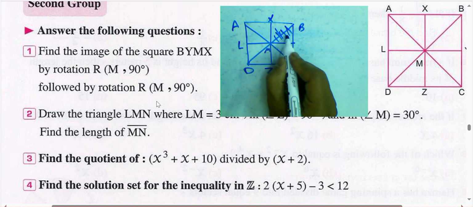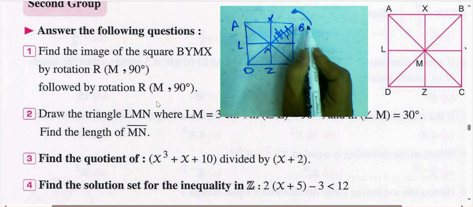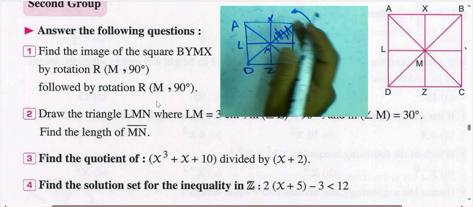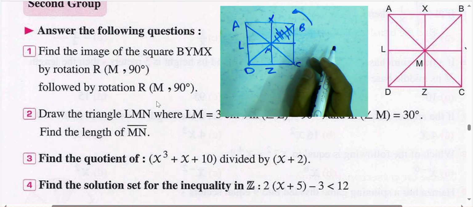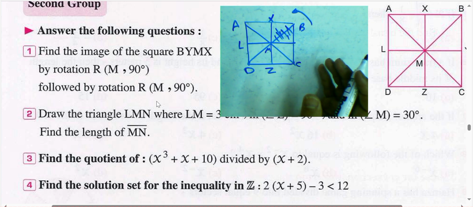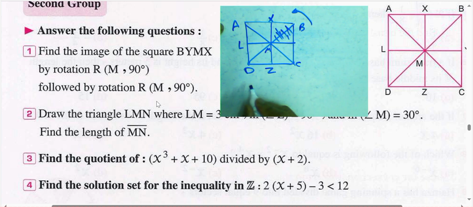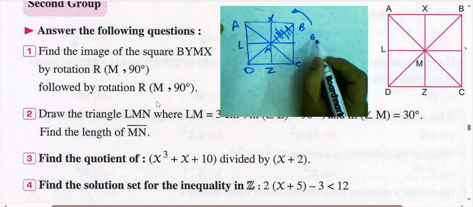90 degrees is the inverse of the direction, because the sign here was positive, so it is the inverse of clockwise. Then we want to find the image of the square BYMX.